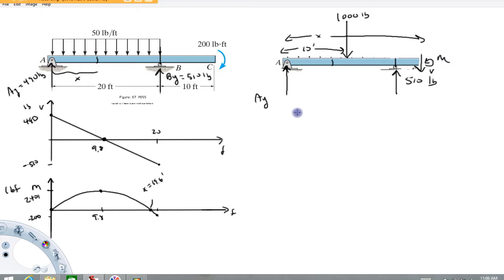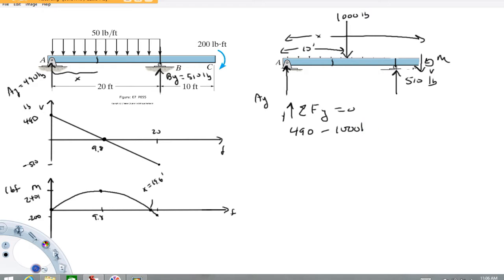I'm going to go ahead and write a force equation now. Sum of all forces in the y direction equals 0. Looking at our free body, we're going to have plus AY, I'm going to just put plus 490. And again, the units are consistent, so I'm not going to worry about it. Minus 1,000 pounds.